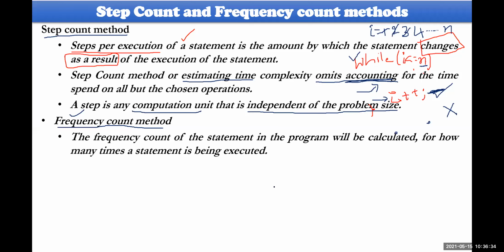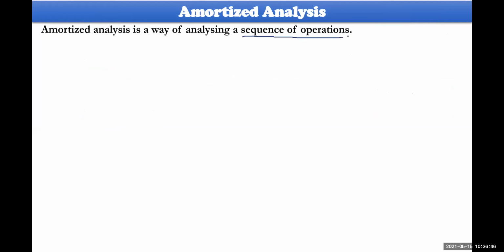Then, amortization. What do you mean by amortization here? Amortization is analyzing a sequence of operations. Sequence of operations in the sense, let us consider push. In stack, there is one particular operation, push. If you are supposed to perform push onto the stack, push might include several basic instructions.